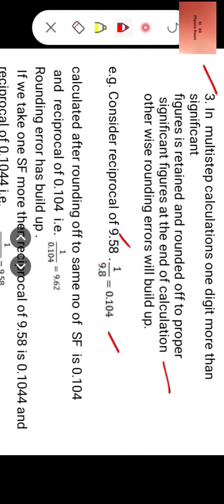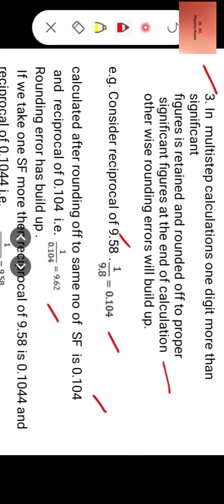Initially in 9.58 the significant figures are 3 and the calculated value also contains 3 significant figures. And when we calculate the reciprocal of 0.104, that is 1 by 0.104, it comes out to be 9.62. So there is error introduced.